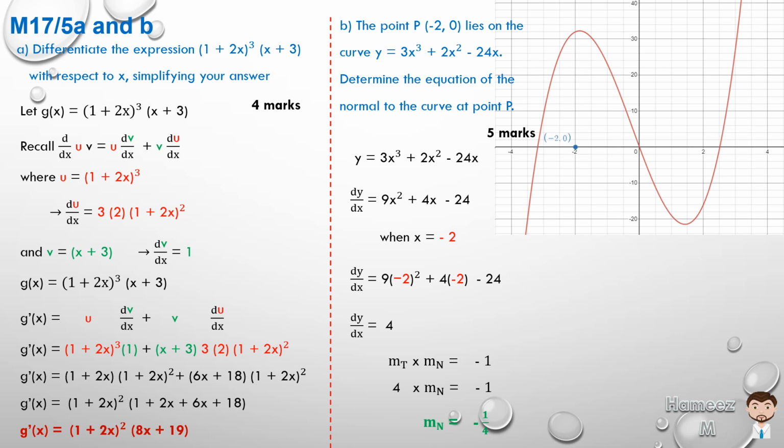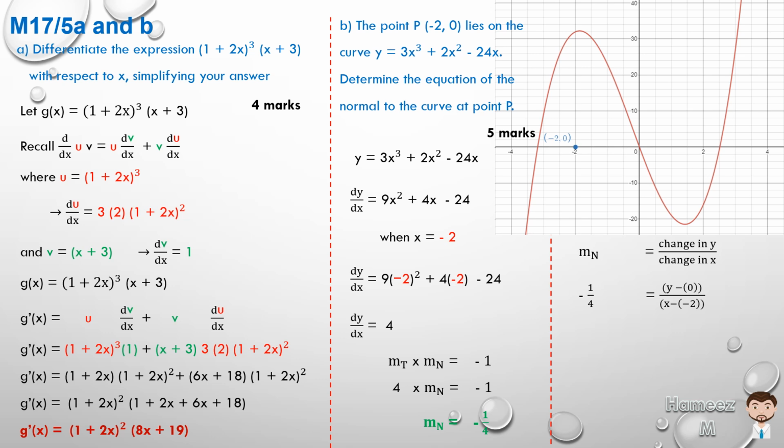But we continue theoretically. So the gradient of the normal is equal to change in y over change in x. And we know the gradient of the normal is minus a quarter, so we can substitute. And that will be equal to y minus, and what point does it go through? Point P, where the y value is 0 and the x value is minus 2. So we'll get minus a quarter is equal to y minus 0 over x minus minus 2.